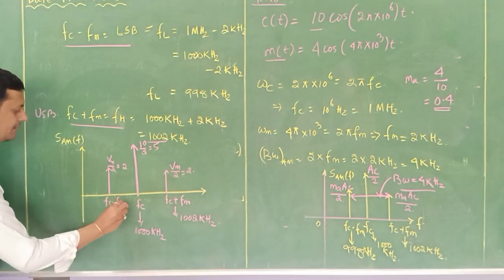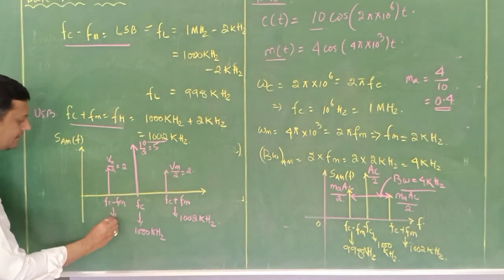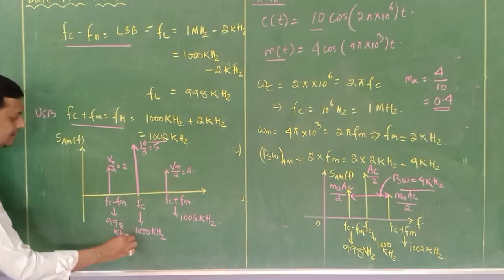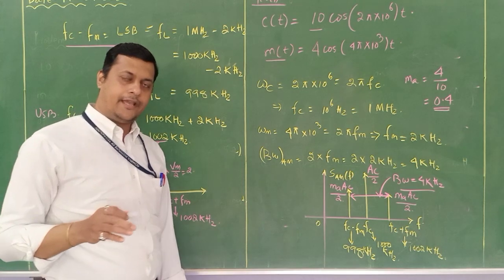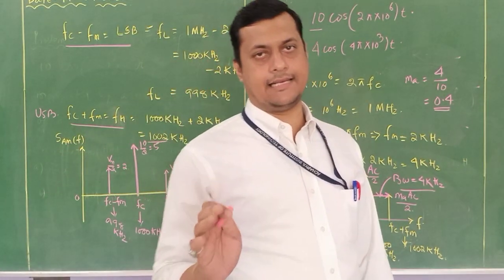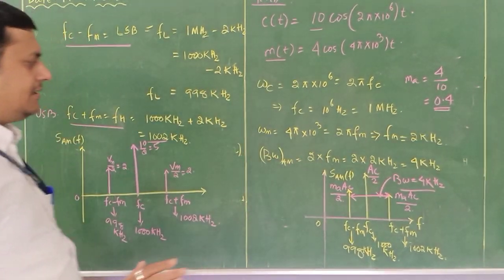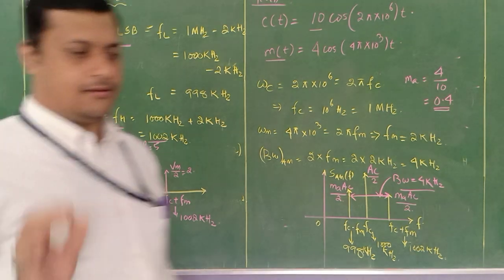It is Fc minus Fm. How much is it? It is 998 kilohertz. So this is the spectral representation of an AM signal, which is a single tone modulated signal. So this is the simple representation with respect to the given question.